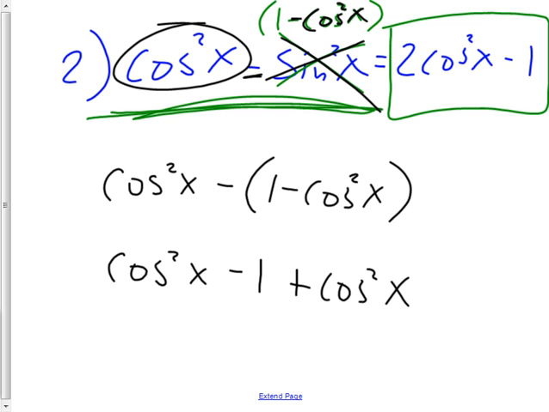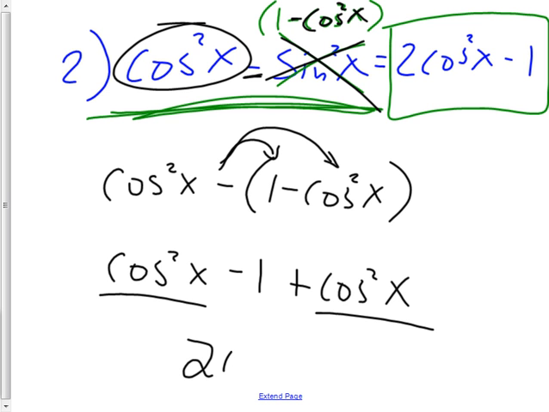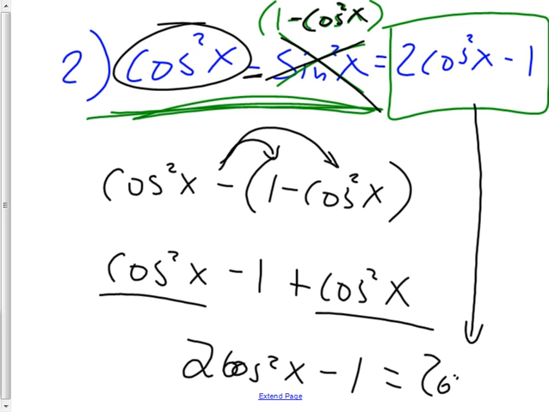All I did there was distribute my negative to both parts. And now, cosine squared and another cosine squared makes 2 cosine squared. And that's exactly what I wanted it to equal. Drop that all the way down. See ya. I've done a proof. All right.